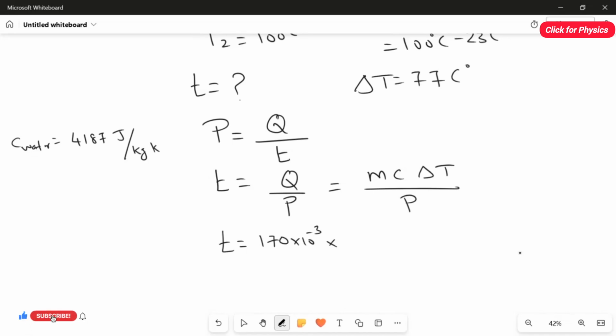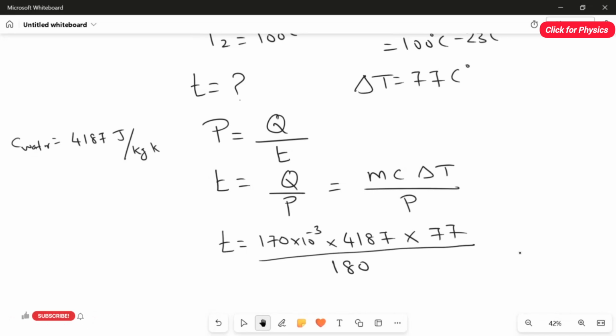So I'm going to use this value. It's a constant, so you need not worry about anything. This value will be given in the exam paper. So in place of c, the specific heat capacity of the water, 4187 multiplied by delta T value 77 over the power value mentioned in the heater, 180 watts.